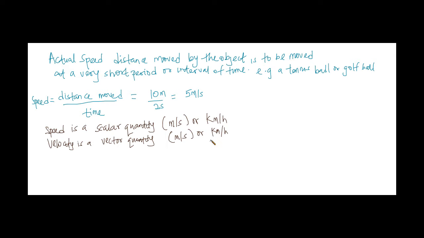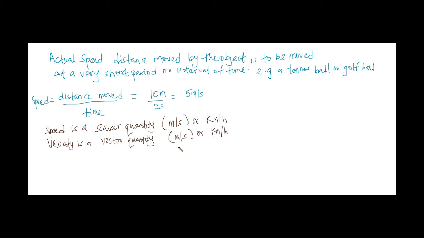So let's take an example. If we say a car travels a distance of 100 meters, it wasn't stated that it moved in a specific direction, which makes the distance a scalar quantity, because scalars don't have direction, but vector quantities always have direction.